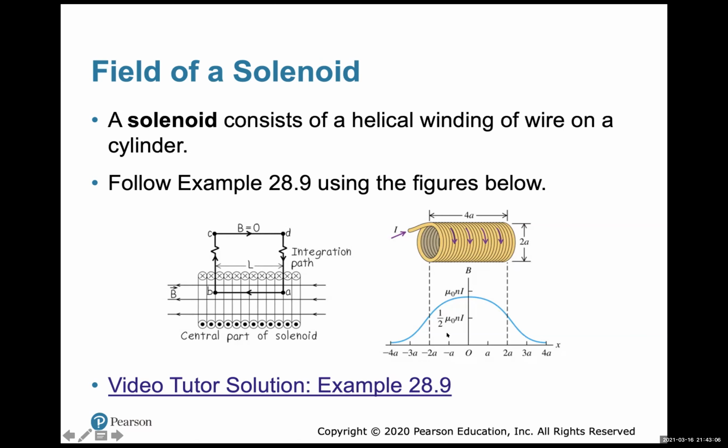Notice, compared to the geometry of the solenoid, this magnetic field is roughly uniform. Out here we've got edge effects, just like we had edge effects for finite size square plates.